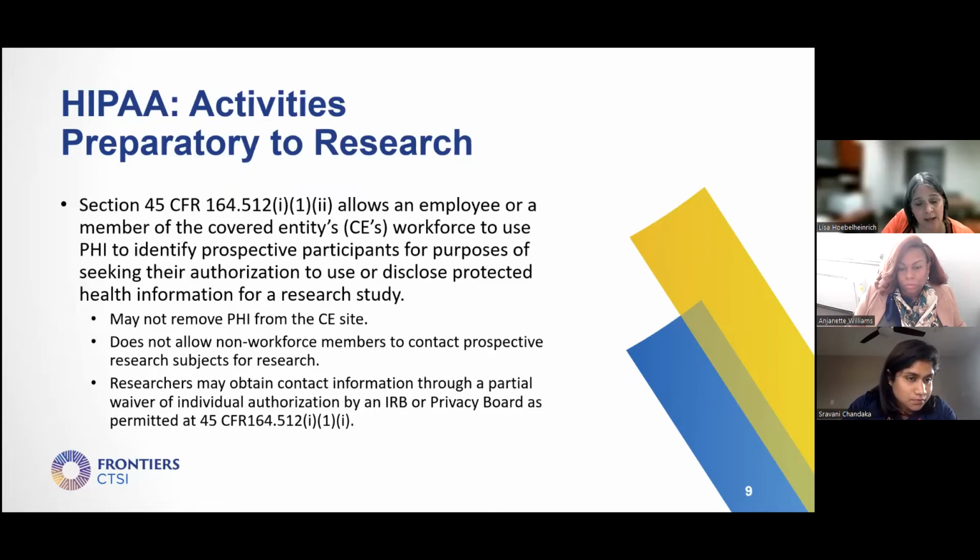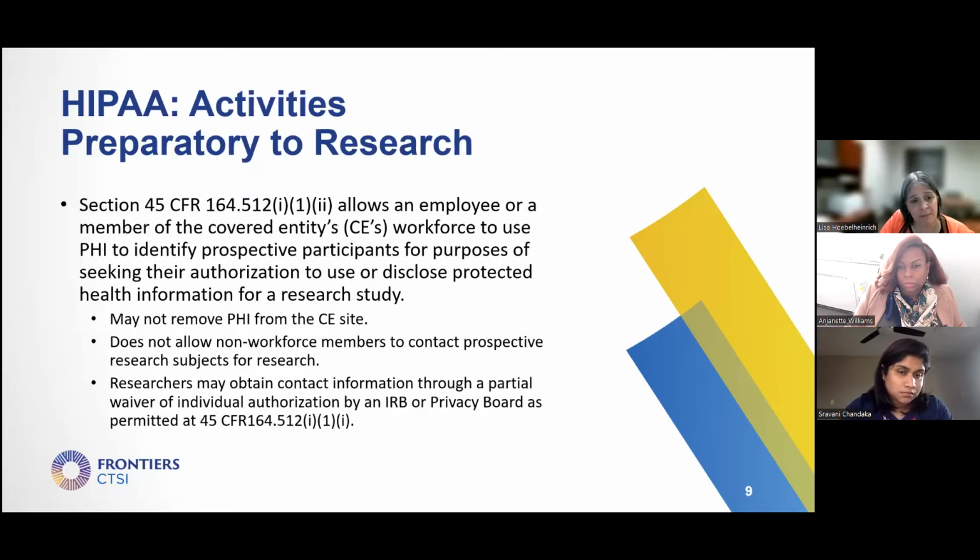And so what that means is that when we're talking about individuals who are researchers who are not workforce members of that covered entity, they may not be able to rely on this section to actually contact the prospective research participants for that study.